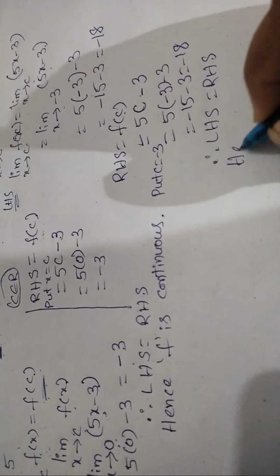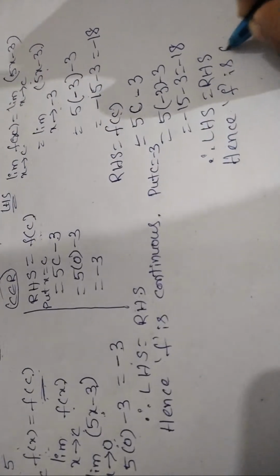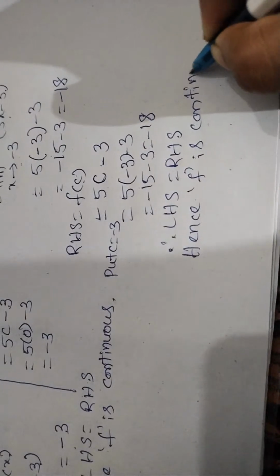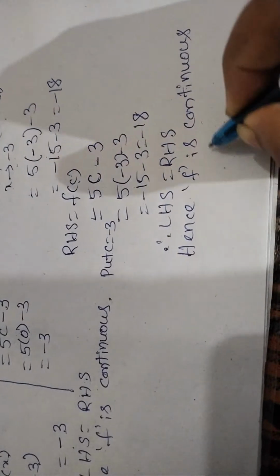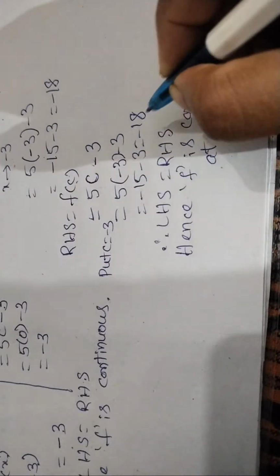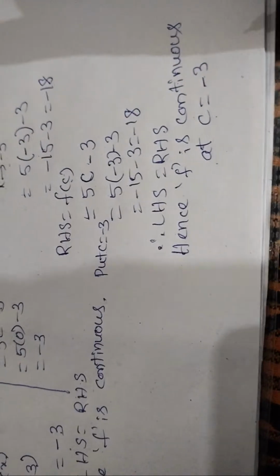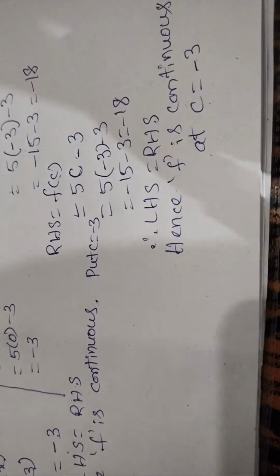Hence f is continuous at c is equal to minus 3. So second case also over.